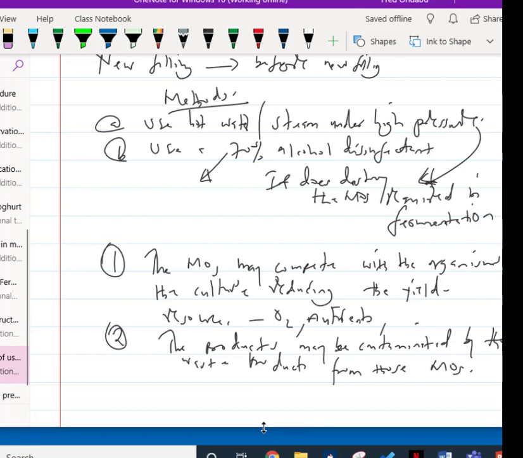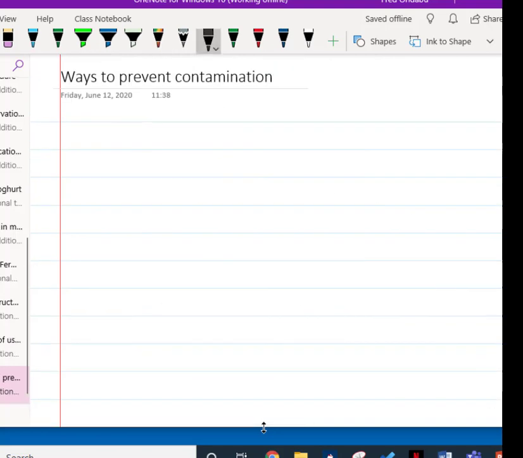Now, how do we prevent contamination by unwanted microorganisms? I want us to look at ways of preventing contamination within the fermenter. One way is filtering the air, and this air is coming from the air inlet, so you make sure that there are filters there to filter that air. Then two is the use of sterile nutrients.